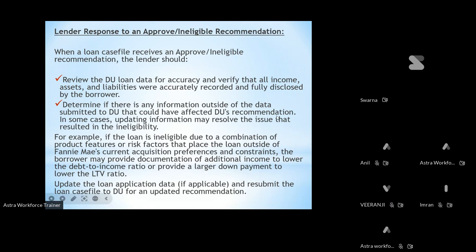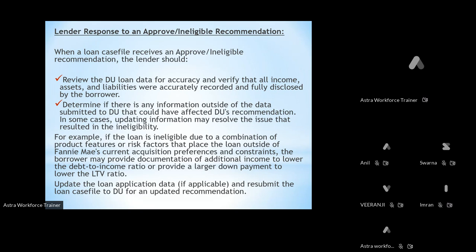Okay, so approved ineligible: most of the time the borrower has a lower down payment or the LTV ratio is on the higher side, and then it will be derived as approved ineligible. Because the borrower's LTV is high, the property may also have some issues, because the LTV is derived based on the property value and the loan value.